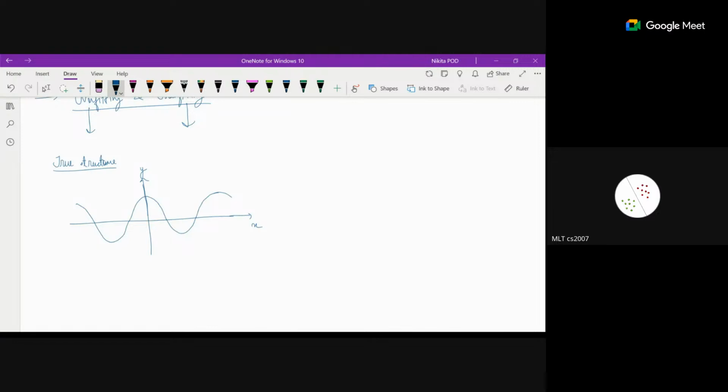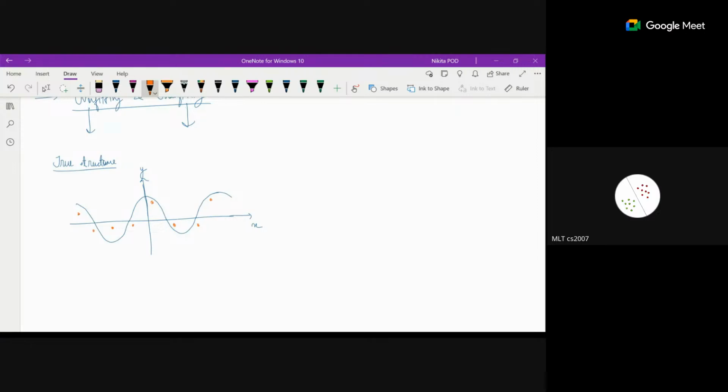Now, let's say the data points that are given to you are not exactly on this curve, but maybe what you have observed is some noisy version of it. And let's say what you have observed is something like this.